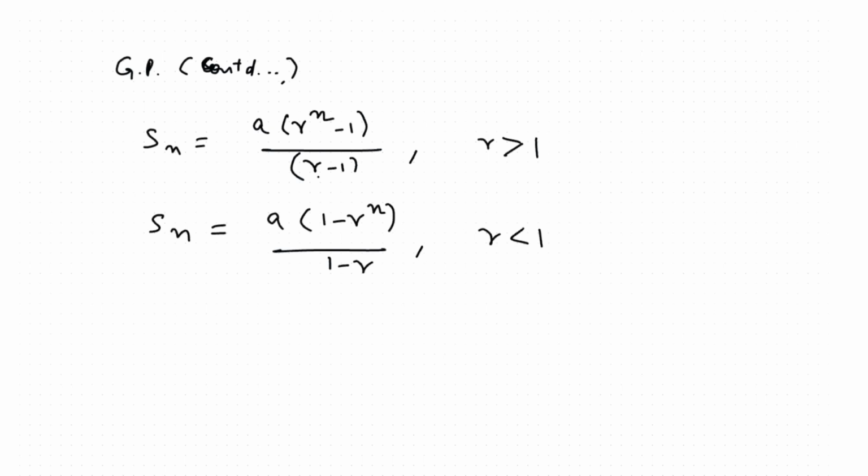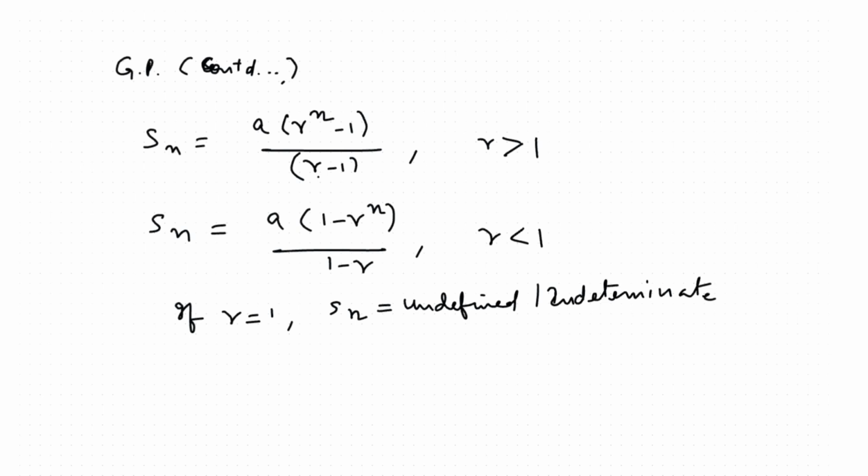And I also told you that if r is equal to 1, then Sn is undefined or indeterminate. Okay. Now I wanted to further expand this. Now suppose n tends to infinity.